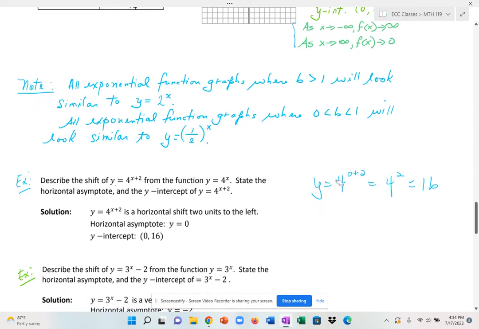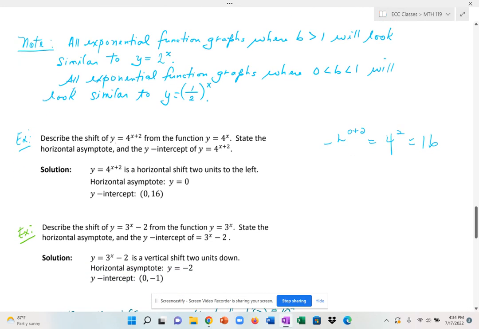The next one is a different type of shift. I have 3 to the x minus 2. That's going to be a vertical shift down 2 units. And since I have shifted vertically, that means my horizontal asymptote has also gone down by 2 units.